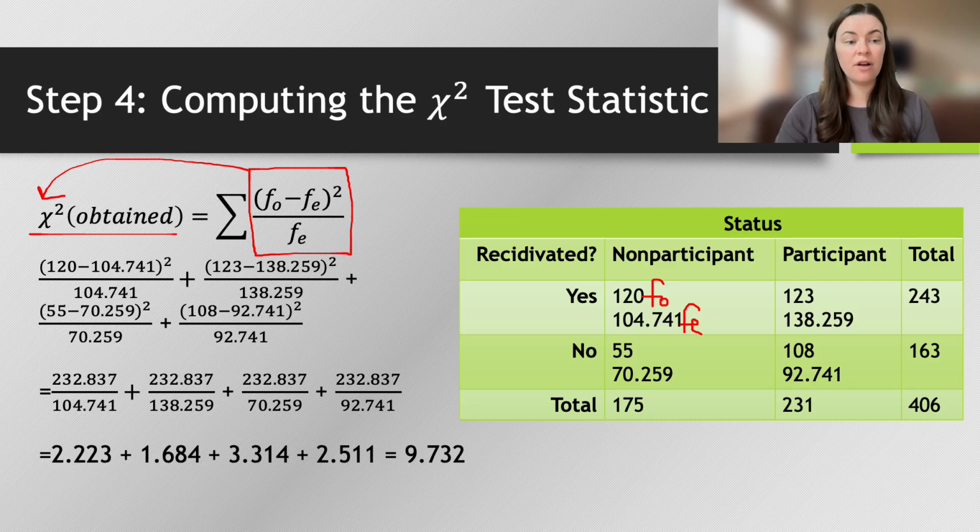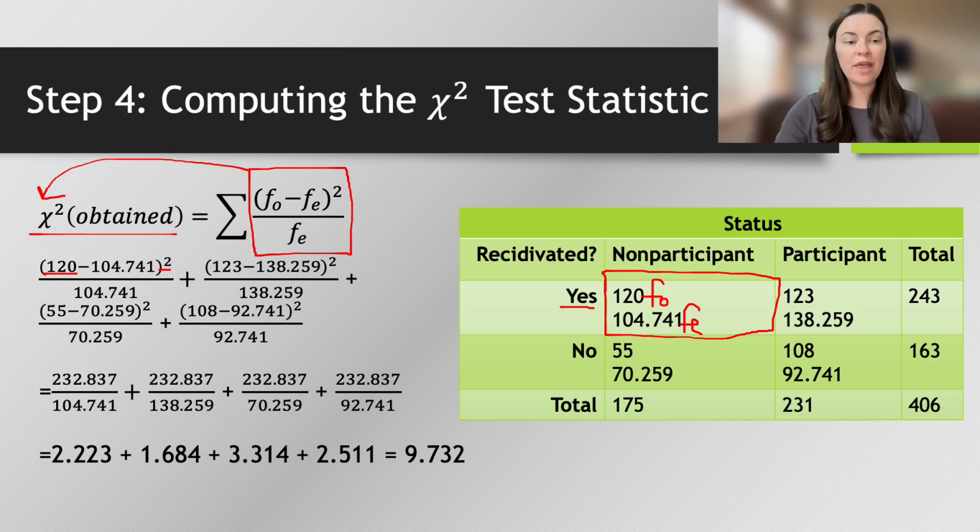So starting off with the top left-hand cell, which serves as my non-participants, so those that did not participate in the treatment program but did recidivate, I have 120 of those individuals. So my observed frequency was 120, and I subtract that by our expected frequency, which is what we calculated on the previous slide, or what we would expect to see in this cell if our status of participation and recidivism were truly independent from one another.